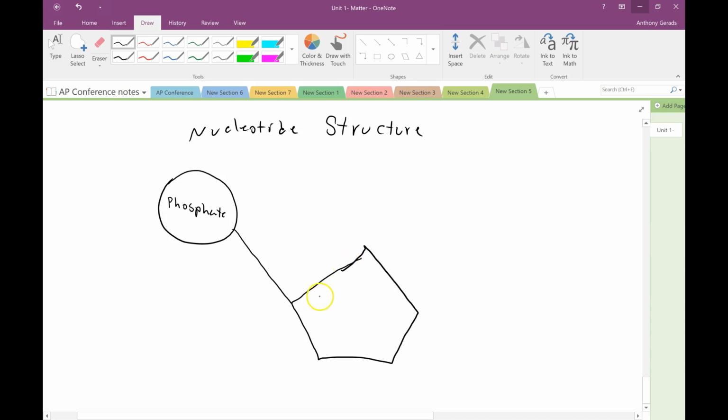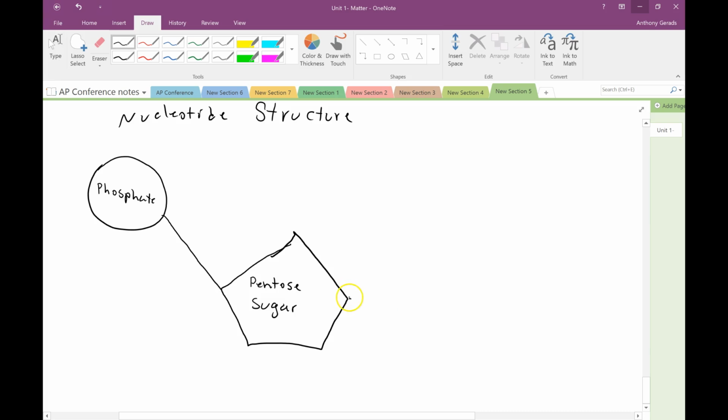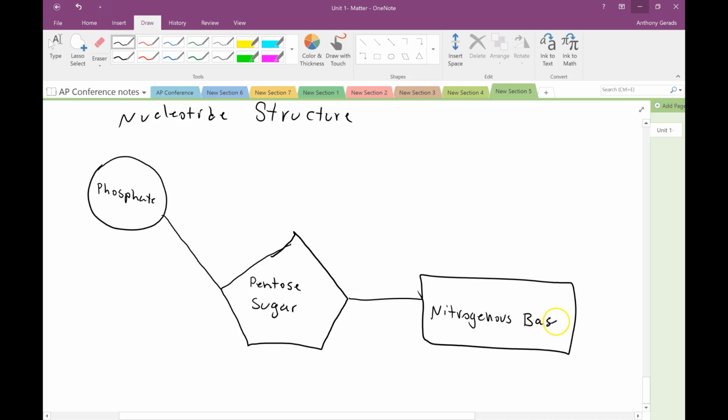All nucleotides are going to have a pentose sugar. And all nucleotides are going to have a nitrogenous base. Okay? And that's our nucleotide structure.